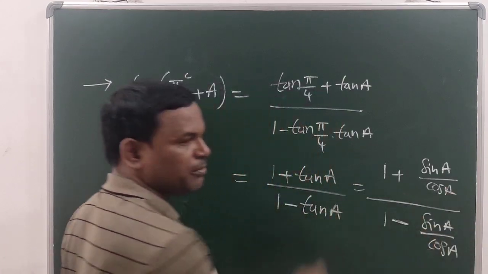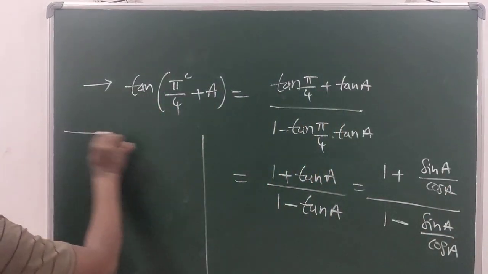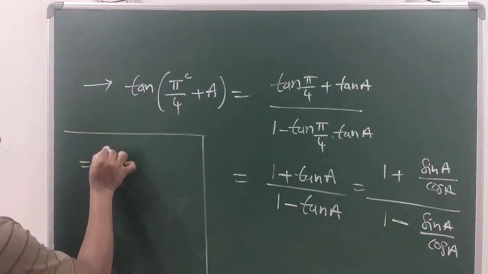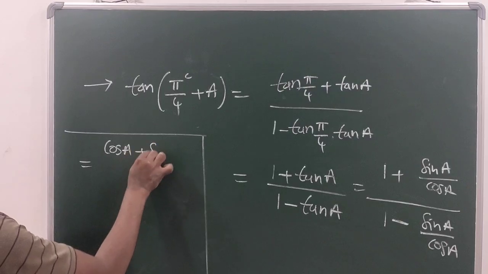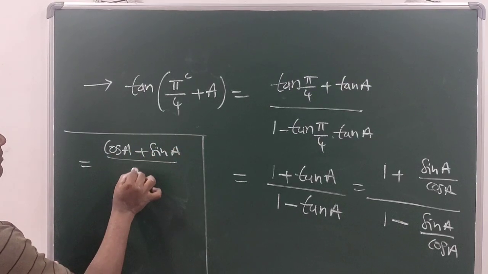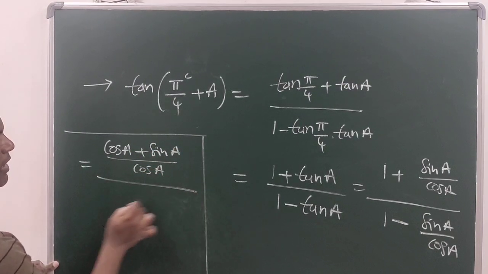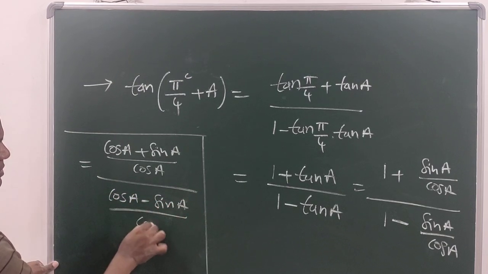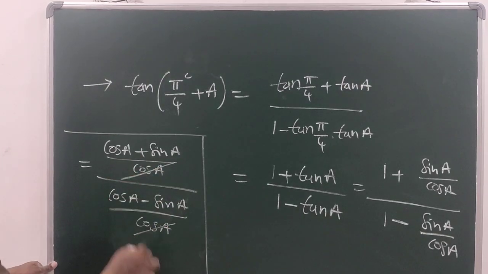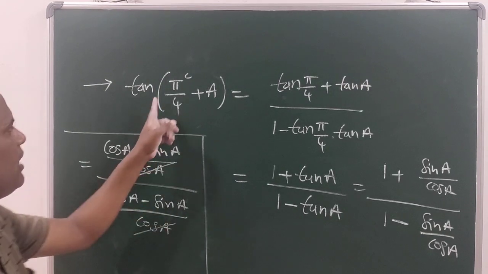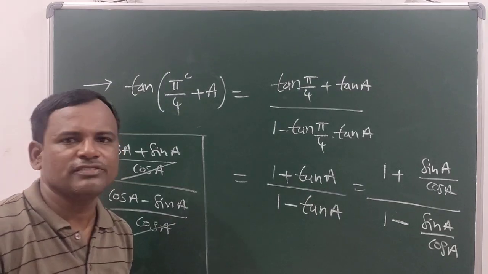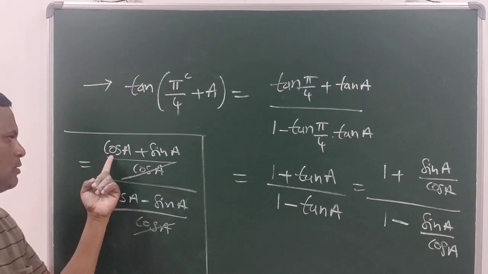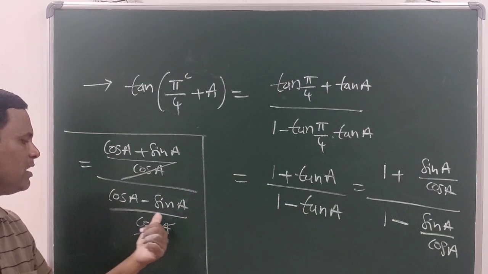When you take cross multiplication, what do you get? Cos A plus sin A by cos A whole by cos A minus sin A by cos A. Cos A cancels. So tan(45 + A) can be written as (1 + tan A) by (1 − tan A), and in some applications, in place of this we directly write (cos A + sin A) by (cos A − sin A).